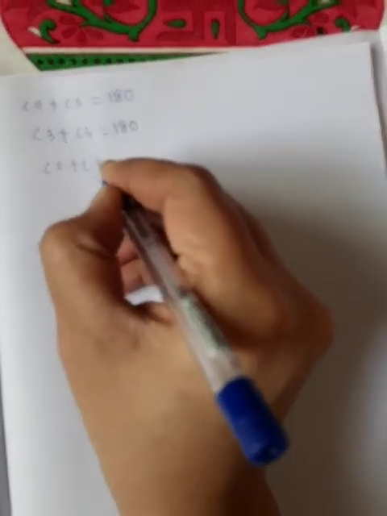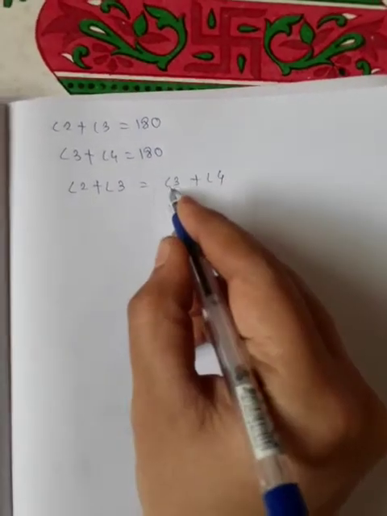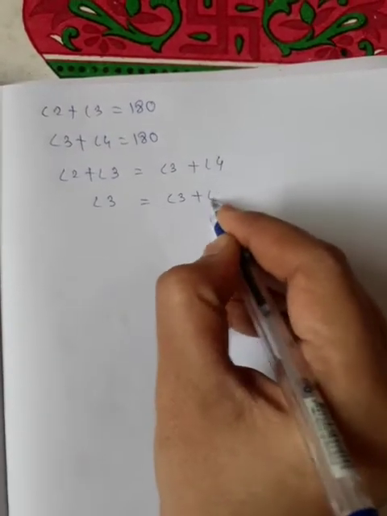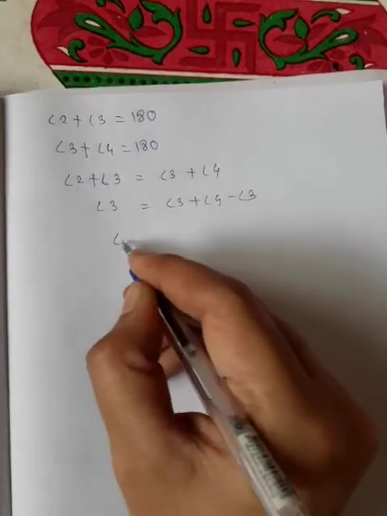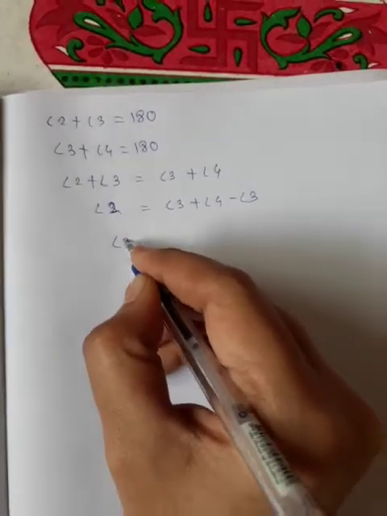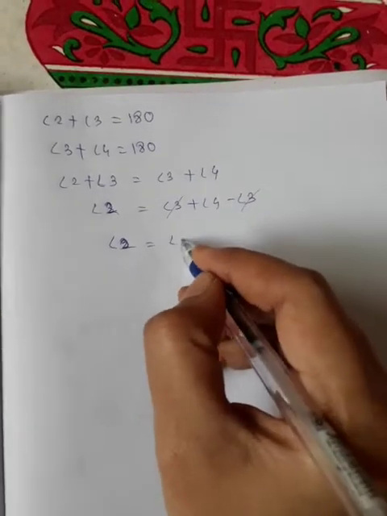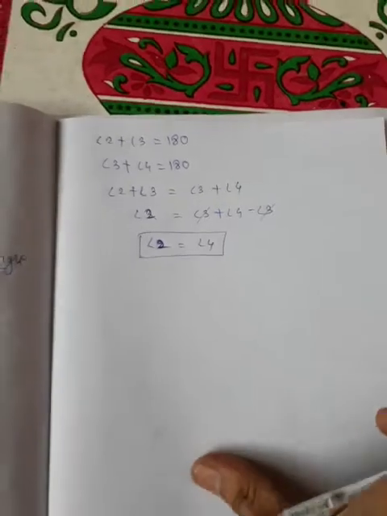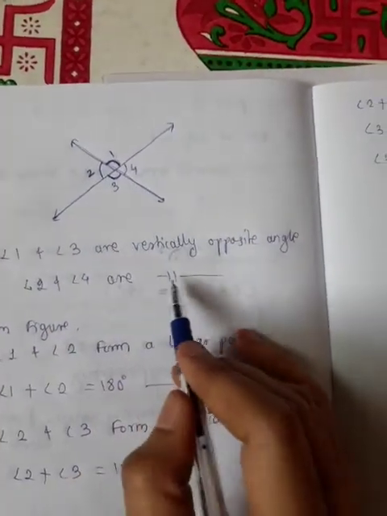Now their RHS are the same, so therefore LHS are also the same. Now here angle 3 is the same quantity on both sides, so we transpose plus angle 3 to the RHS, it gets minus. Here angle 2, these same quantities get cancelled, what remains is angle 4. So here we get angle 2 is equal to angle 4. See here, angle 2 and angle 4 are vertically opposite.